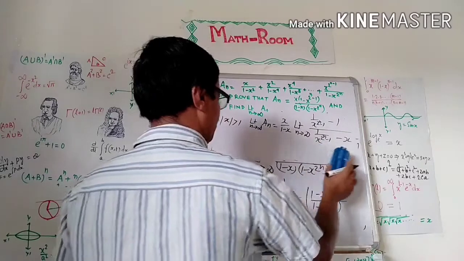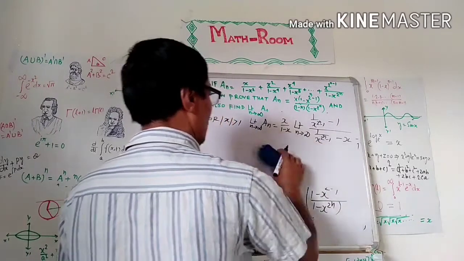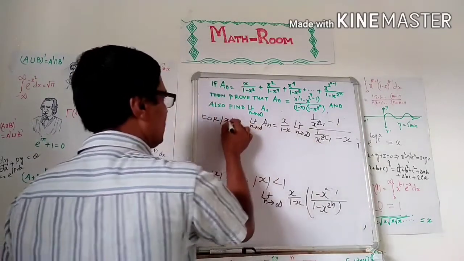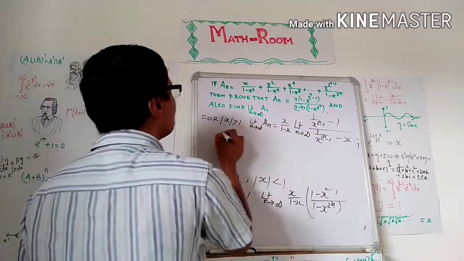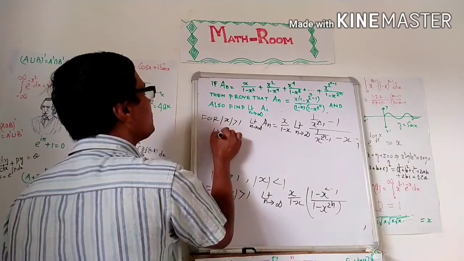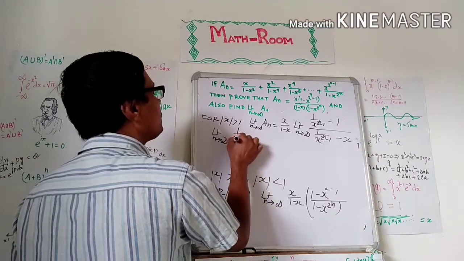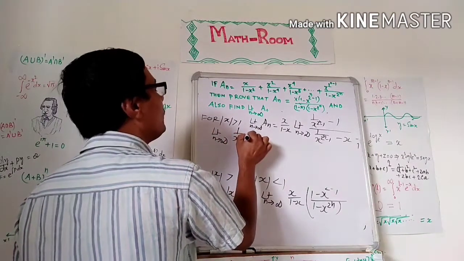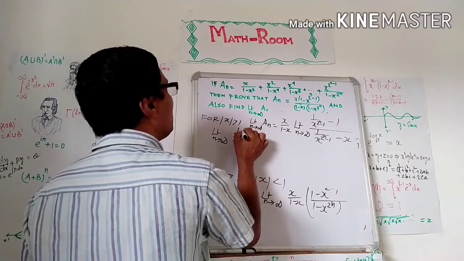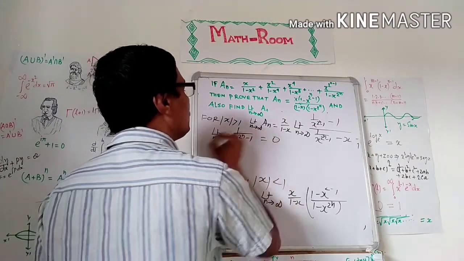Now as mod x greater than 1, limit n tends to infinity of 1 by x to the power 2 to the power n minus 1 equals 0.